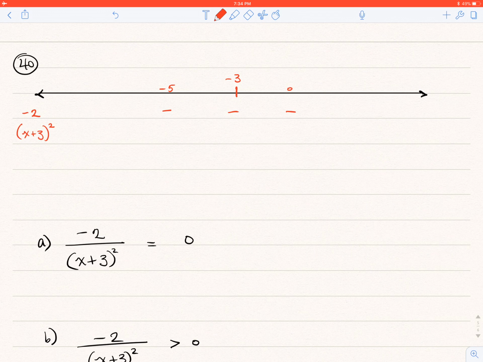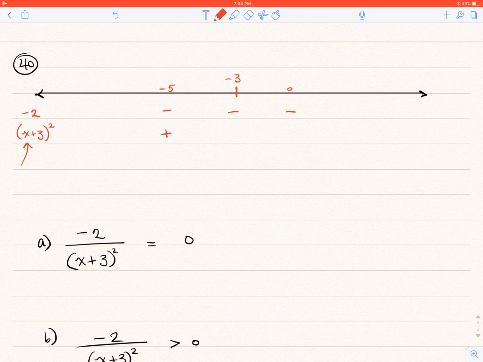On the next factor, if I take my -5 and plug it in right here, I know that a -5 plugged in for this x is going to give me a negative on the inside. But remember, you have to square this number. So a negative squared is going to turn into a positive.